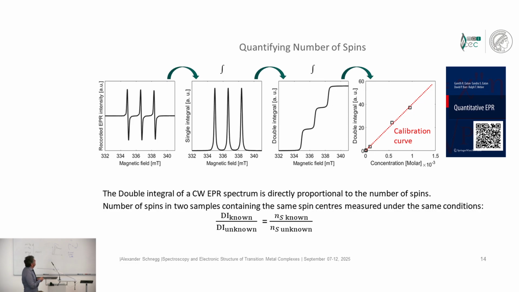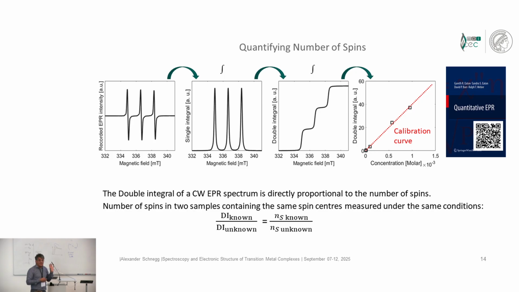I will not go much into detail about quantification of spins. However, I would like to mention this: even if you are mainly interested in the spectral shape or line shape analysis of your EPR spectra, in many cases it's very useful to do a spin quantification, because EPR is very sensitive to many paramagnetic states.